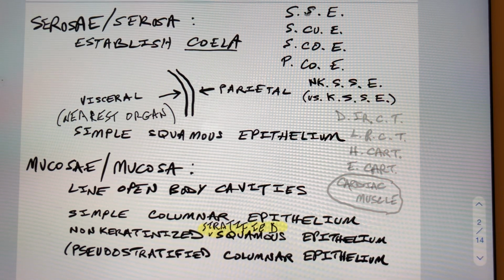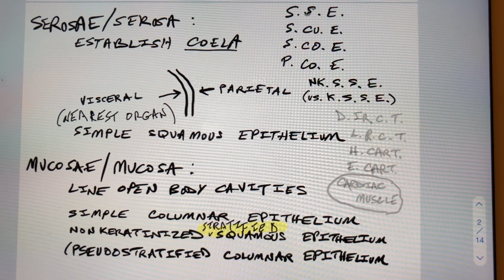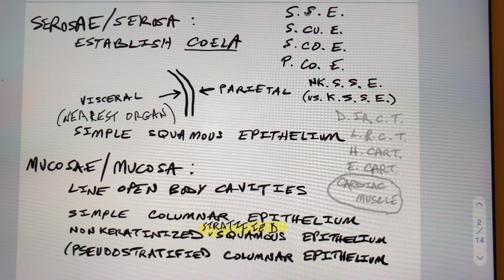The esophagus is lined with non-keratinized stratified squamous epithelium. The vagina is lined with non-keratinized stratified squamous epithelium. At least part of the anal cavity, at least we transition from non-keratinized to keratinized stratified squamous epithelium there. And part, but not all, of the pharynx is lined with non-keratinized stratified squamous epithelium. And again, we'll cover that when we get there, okay?